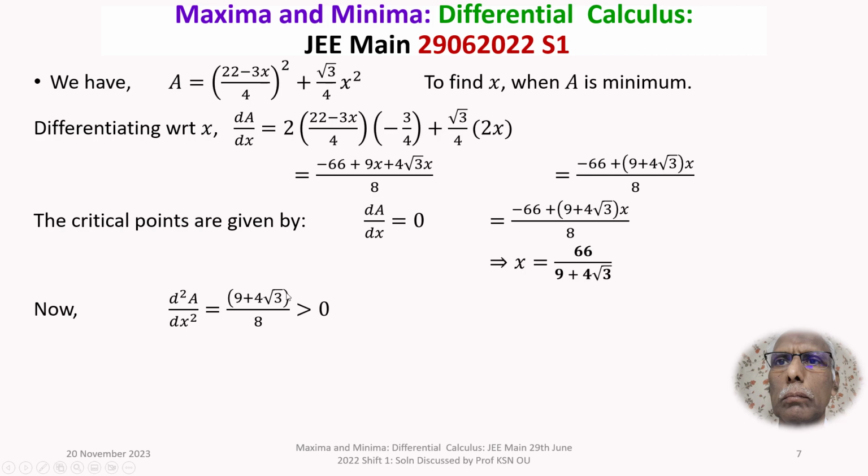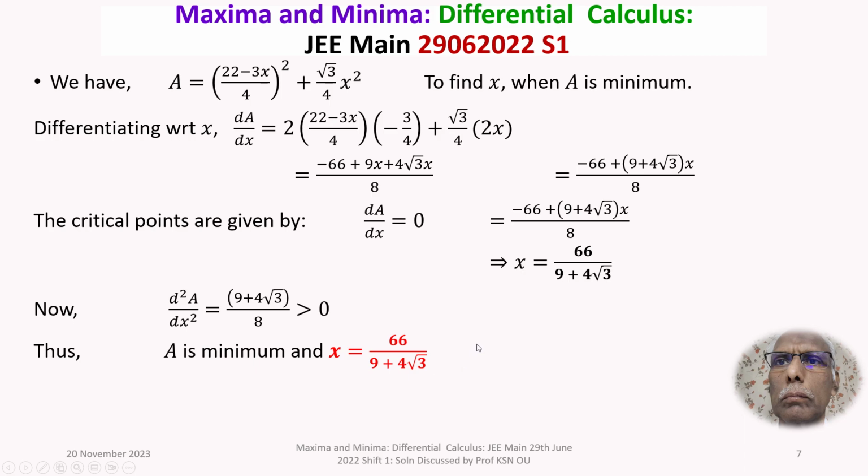That is (9 plus 4 root 3) by 8, which is positive. This is positive even for x equal to 66 by (9 plus 4 root 3). Thus, A is minimum for this value of x. Thus, A is minimum when x is equal to 66 by (9 plus 4 root 3).